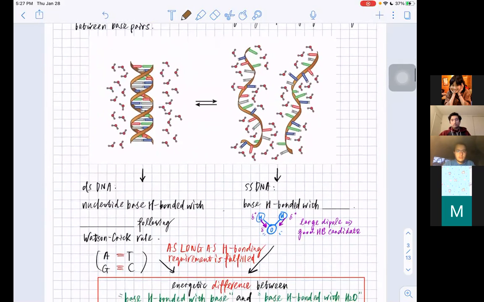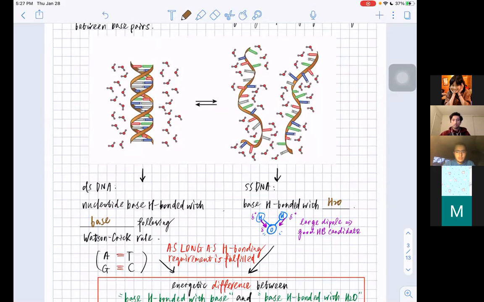That means in a double-stranded DNA, a nucleotide base will hydrogen bond with another base following the Watson-Crick base pairing rule. But the base can also hydrogen bond with water molecules if it's in a single-stranded state.